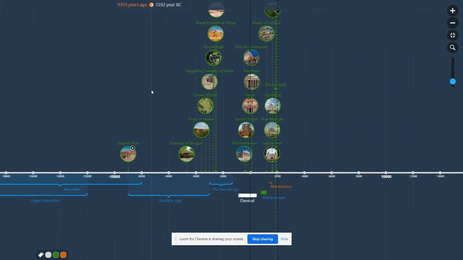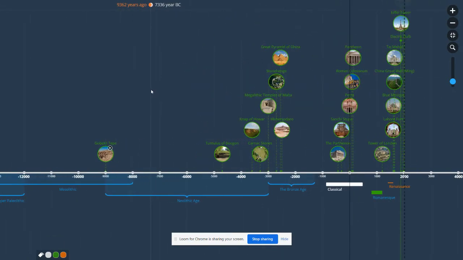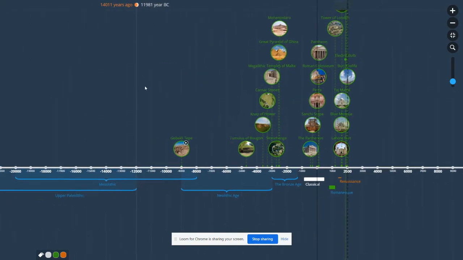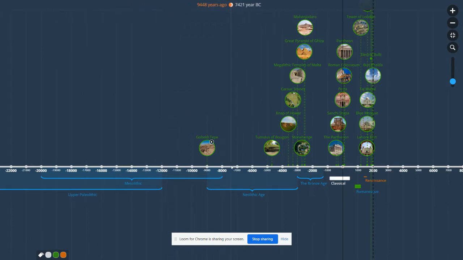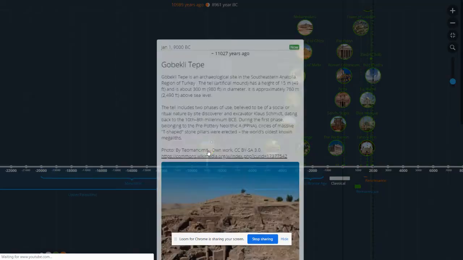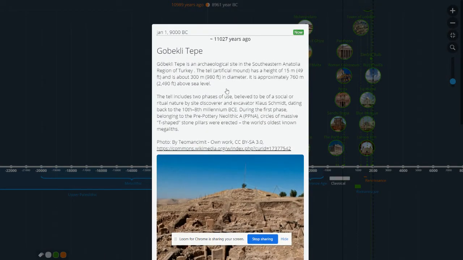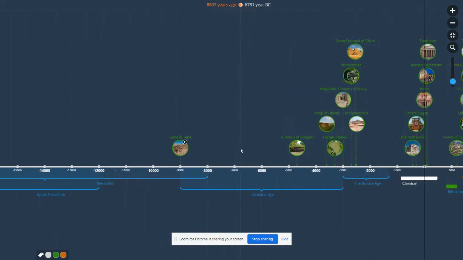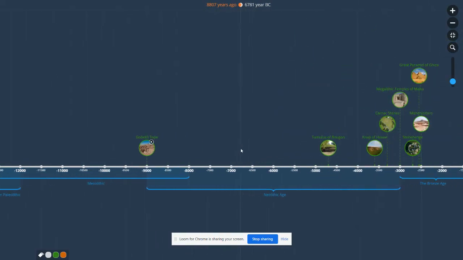Okay, so let's see. The earliest example of human buildings you find is at Göbekli Tepe, and that's an amazing find. That's about 11,000 years ago, and it predates all other known human buildings by almost 6,000 years.